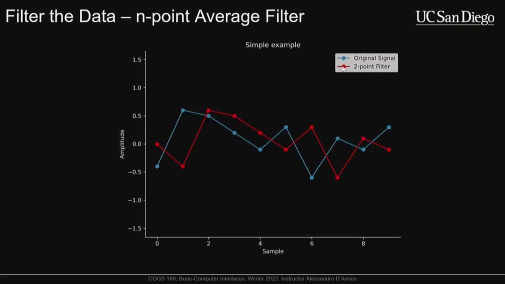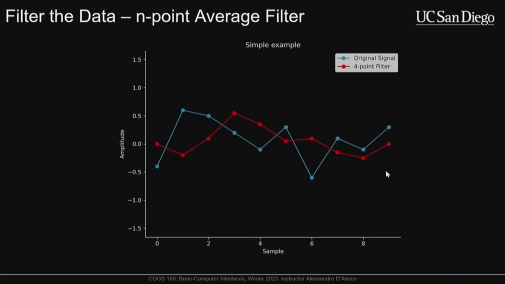As we can see with 2 points, the signal is almost exactly the same. It's not really that aggressive, and it looks like the same signal, but it's just been shifted a little bit. It's been a little delayed temporally. This peak corresponds to this peak, this one to this one. Same with the troughs.